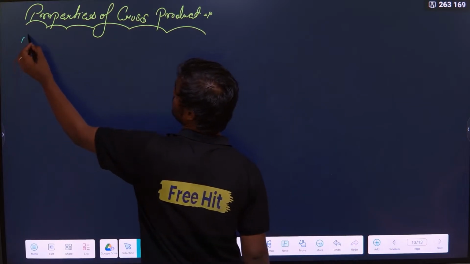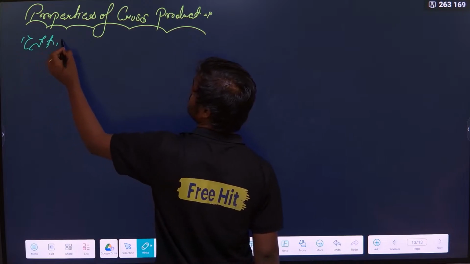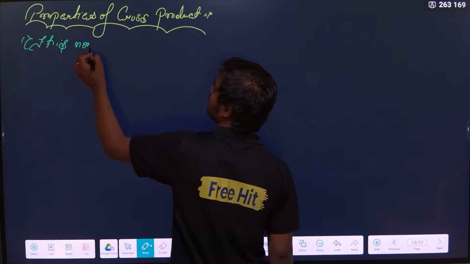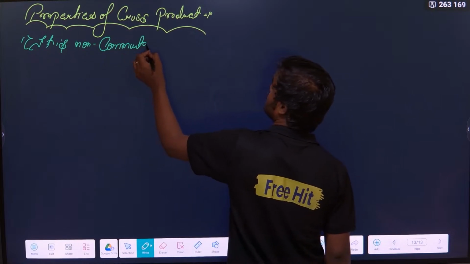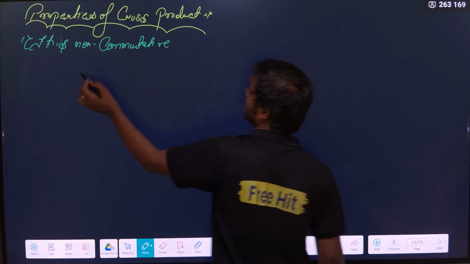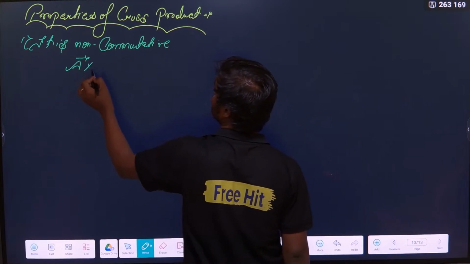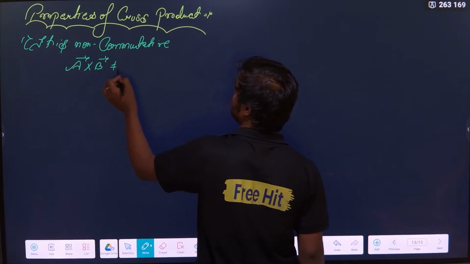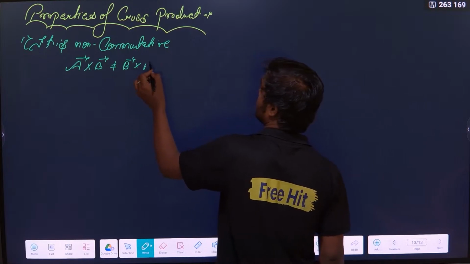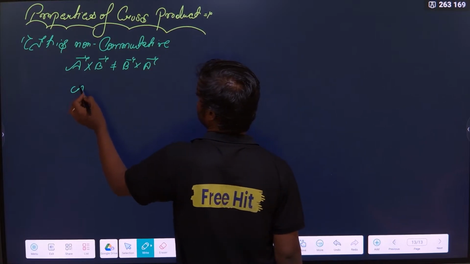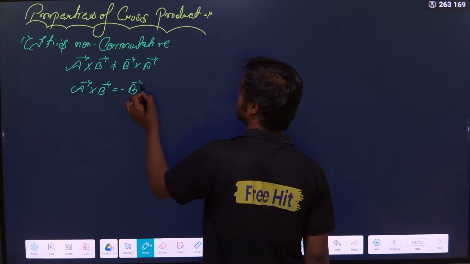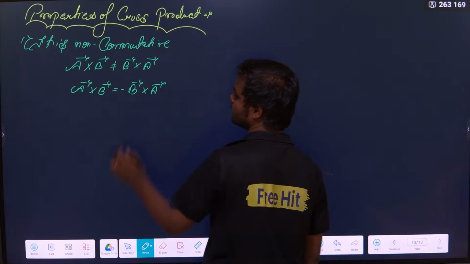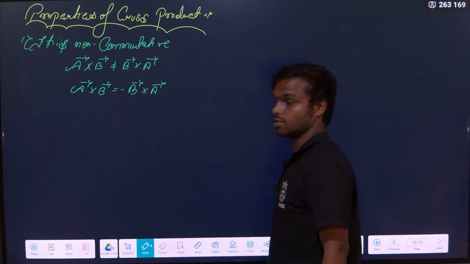First property, it is non-commutative. Non-commutative means A cross B is not equal to B cross A. Then what is the condition? A cross B will be equal to minus B cross A. That is the condition. There will be a 180-degree sign change, or you can say.